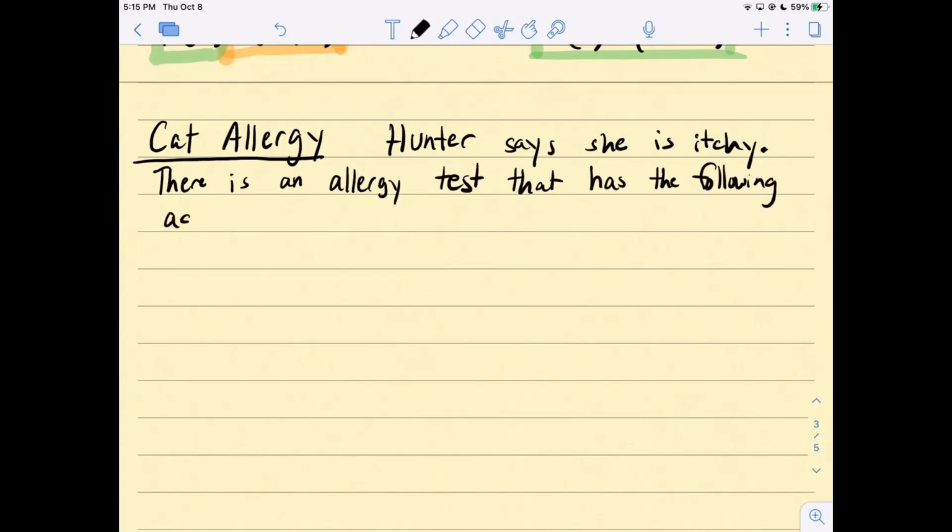And you can determine this accuracy when you are designing the test, because you're doing tests on people that you would already know if they have the allergy or not. So here's the information for people who have the allergy.